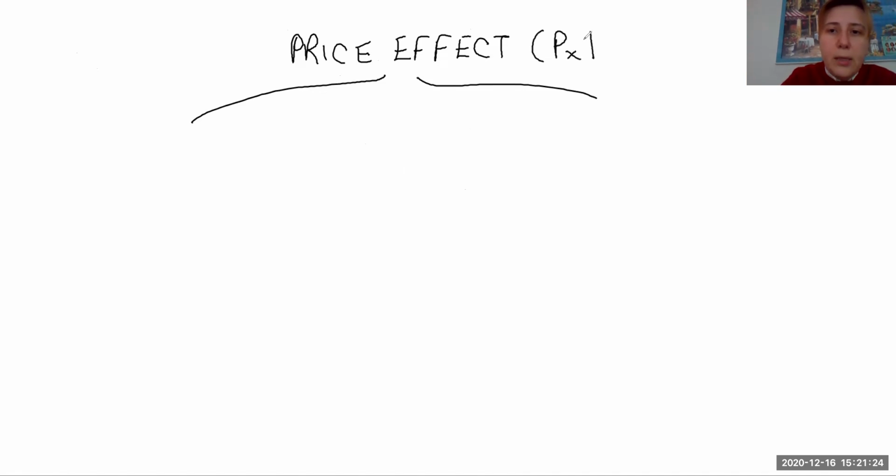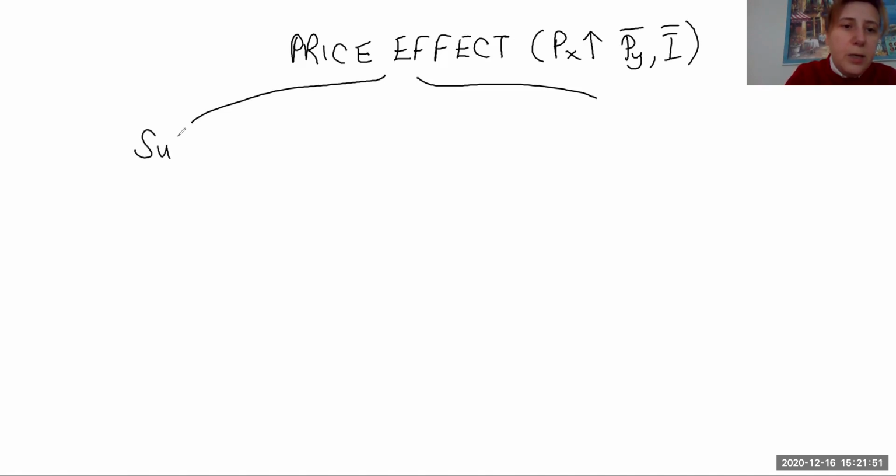Price of X is going up while price of Y and the income of the consumer are staying constant. Again, if the price of X is changing, two effects will arise. And the sum of these two effects will give us the price effect, or the total effect of the price change.